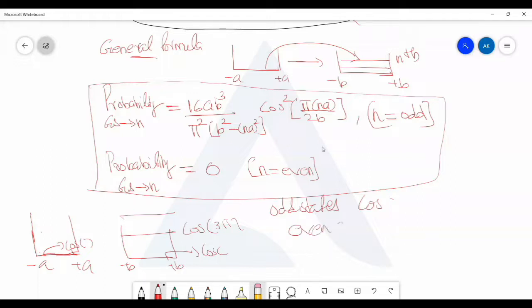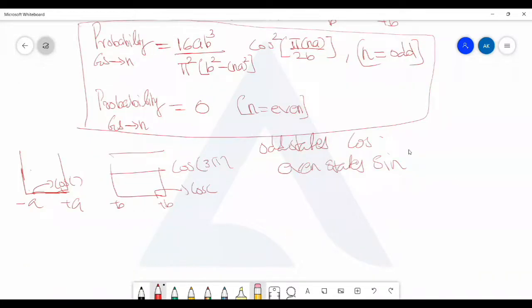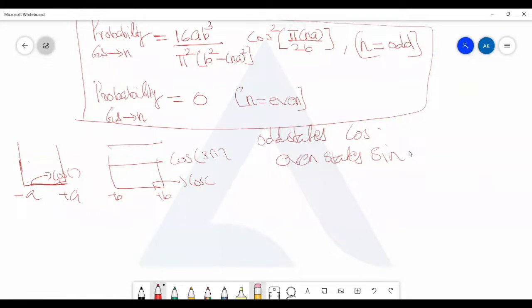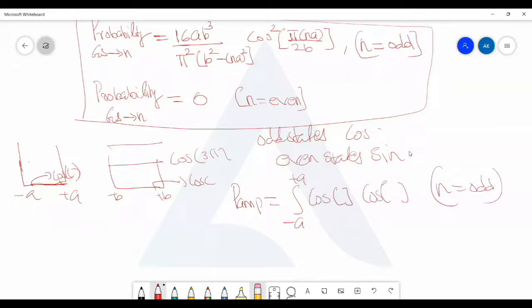Even states are sine, right? Here our ground state is cos. So once you are finding the probability amplitude, you are taking the limit minus a to plus a, cos something into cos something if n is odd, because in the final state, odd states are cos.